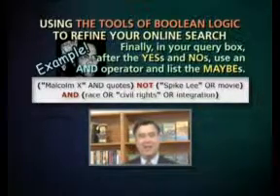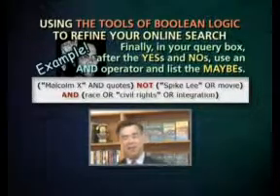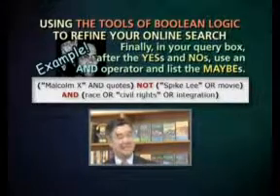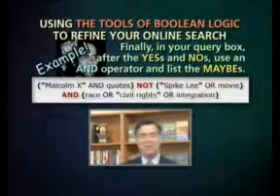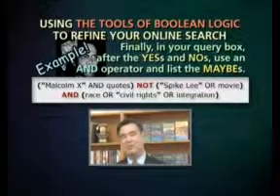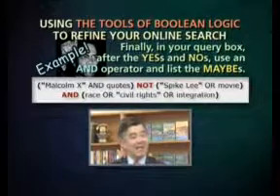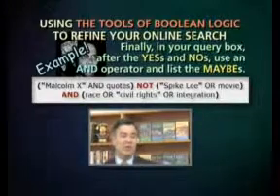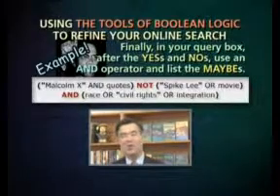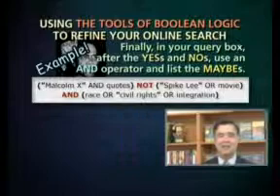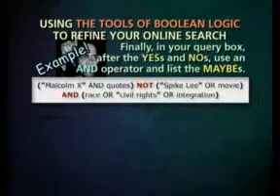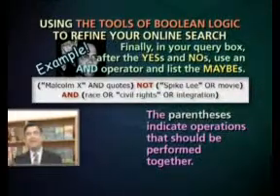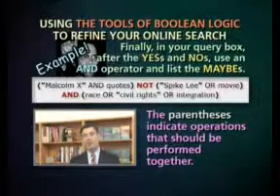Parentheses, quote Malcolm X, close quotes, and quotes, close parentheses, not, parentheses, quote Spike Lee, close quotes, or movie, close parentheses, and, here come our maybes, parentheses, race, or, quote, civil rights, close quotes, or integration, close parentheses. As in mathematics, the parentheses indicate operations that should be performed together.